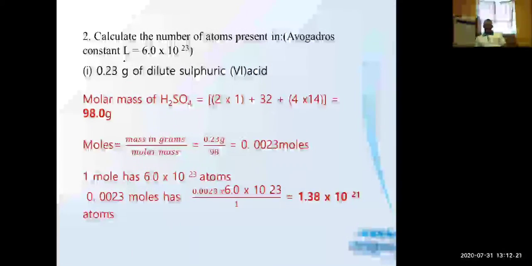So here is where I want you to be very keen. Here you calculate the number of atoms present in one dilute sulfuric acid, using the Avogadro's constant, which you have been given.